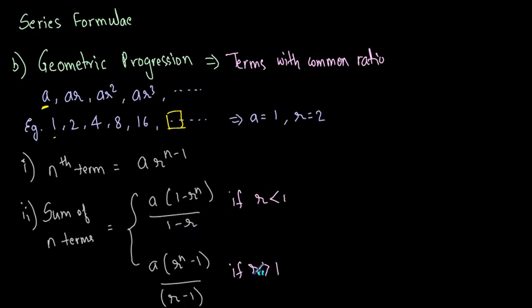And if the ratio is greater than 1, that means the sequence is in increasing order, then you use a into r raised to n minus 1 divided by r minus 1. So learn these formulas by heart and you will be able to solve almost all problems related to geometric progression.